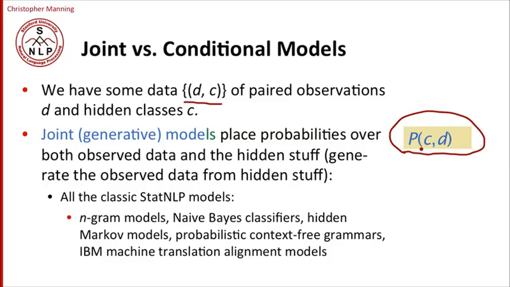So the generative models generate the observed data from the hidden stuff. These kind of joint or generative models comprise all the classic statistical NLP models, not only the n-gram models and naive Bayes classifiers that we've seen already, but also hidden Markov models, probabilistic context-free grammars, and the IBM machine translation alignment models.